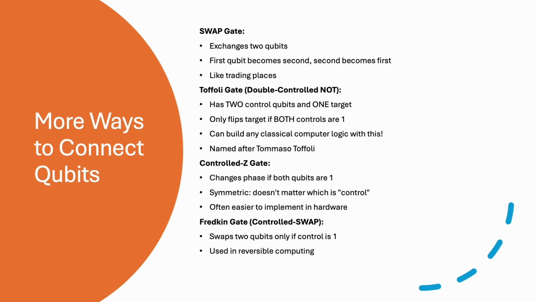This might seem trivial, but in actual quantum computers, not every qubit can directly interact with every other qubit. Swap gates allow us to move quantum information around, though this comes at a cost because it takes multiple steps and introduces opportunities for errors.